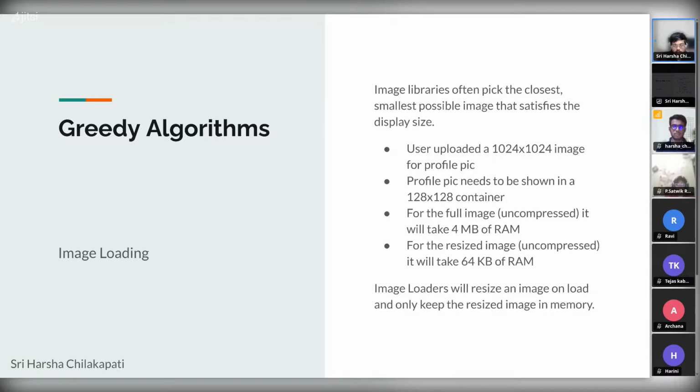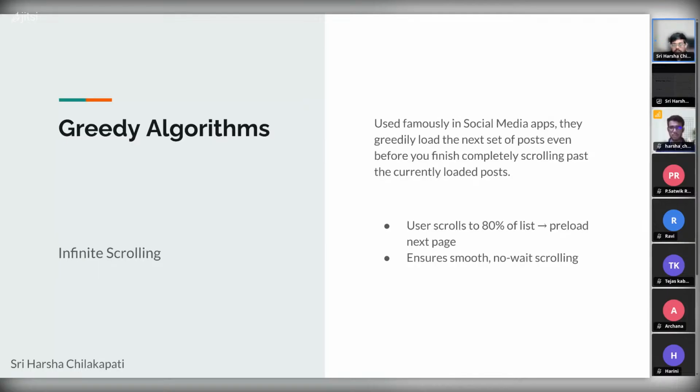So for a full image uncompressed, it will take around 4 megabytes of RAM. For the resized image uncompressed, it will take about 64 kilobytes of RAM. So it always goes for the smallest size that is required, and that is why it is a greedy algorithm for image loading.